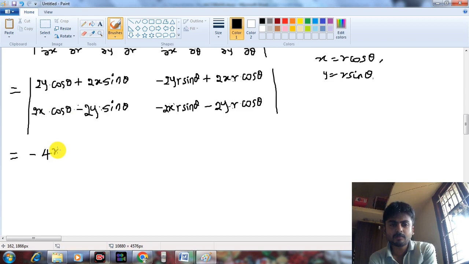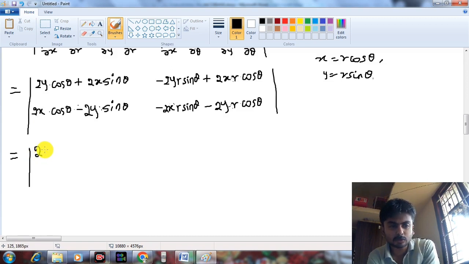Okay, but instead of that we can do one thing that will be very easy. Before proceeding to the determinant, we can substitute the values of x and y. So here x equal to r cos theta, y equal to r sin theta.